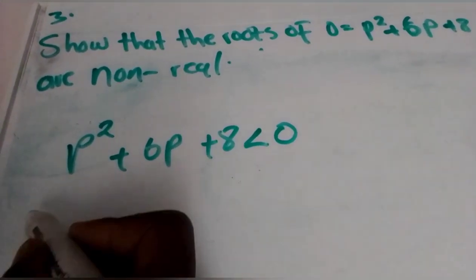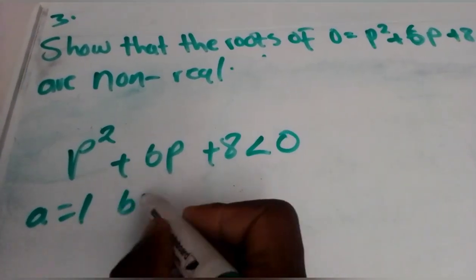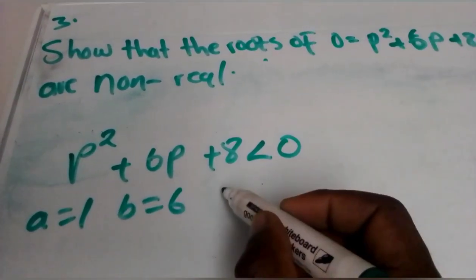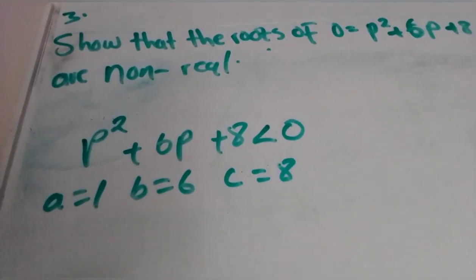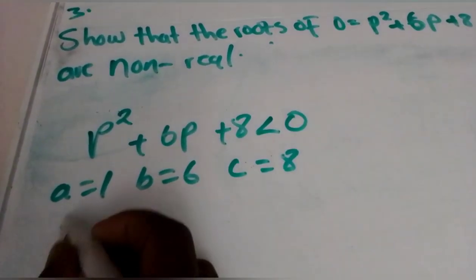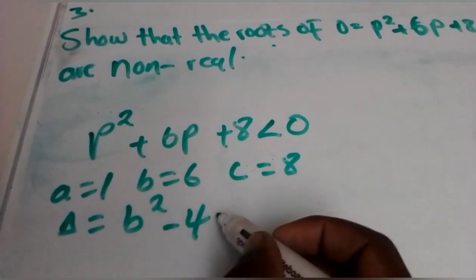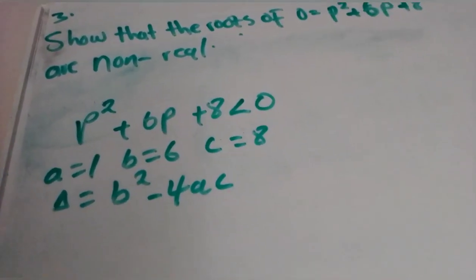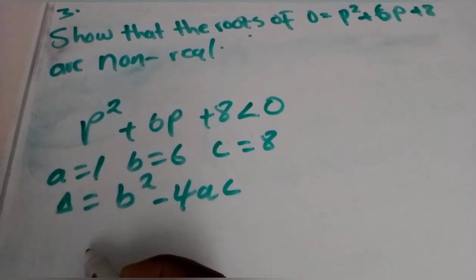So now we must take our coefficients. The value of a is 1. The value of b is 6. The value of c is positive 8. So let us write our formula. So the delta equal to b squared minus 4ac. So let's take our coefficients and substitute them into our formula.